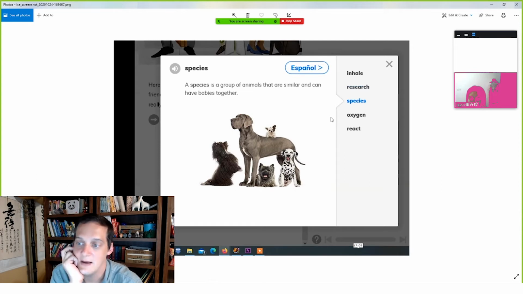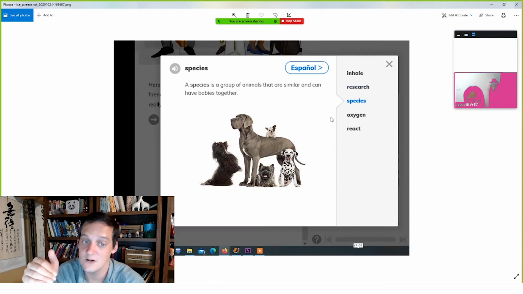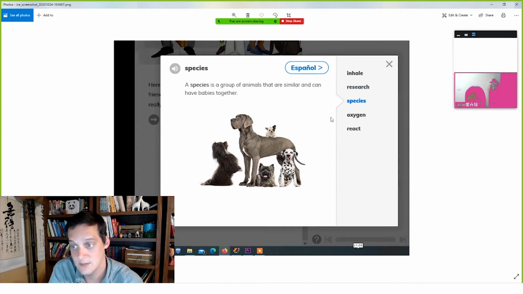Dog. Yeah. Even though they have different kinds of dogs, all dogs are generally one species because they're all dogs. Even wolves, dogs, or dog-related animals. A wolf and a dog can have babies together, right? And the same thing would be people.